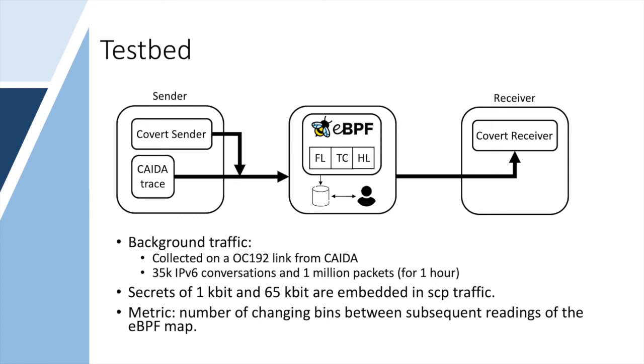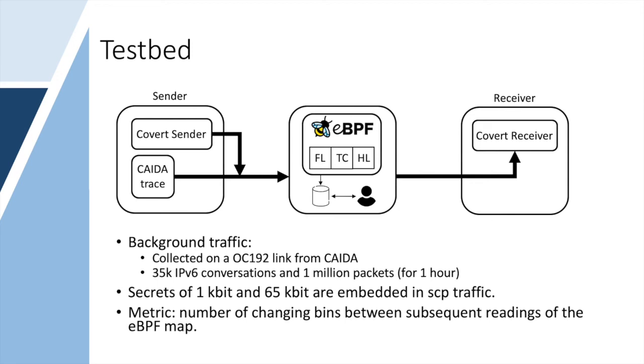To test the tool in realistic network conditions, we replayed the background traffic collected by CAIDA from an OC192 link, which is composed of 35,000 IPv6 conversations and more than 1 million packets. Moreover, to create covert channels, we deployed a covert sender and covert receiver, able to communicate secrets of 1 kilobit and 65 kilobit embedded into SCP traffic.